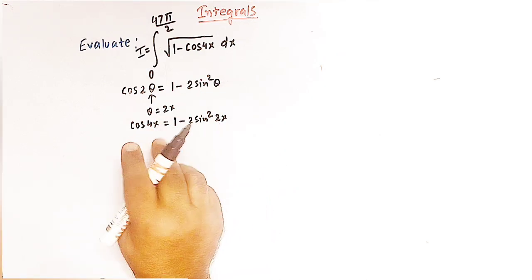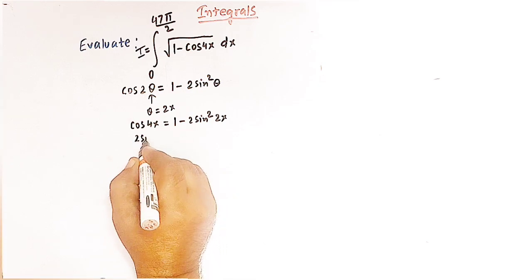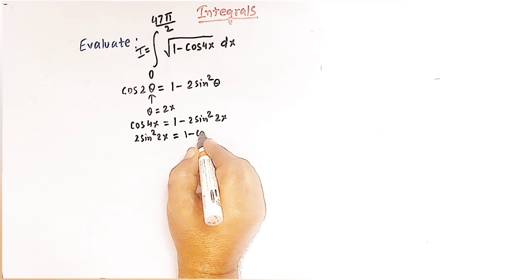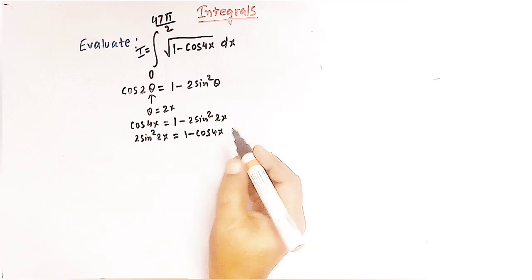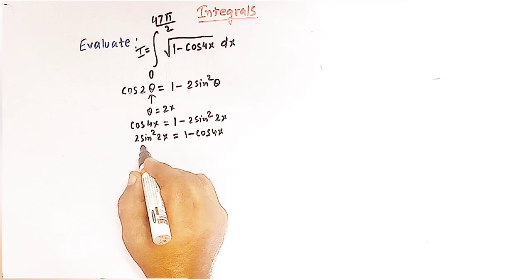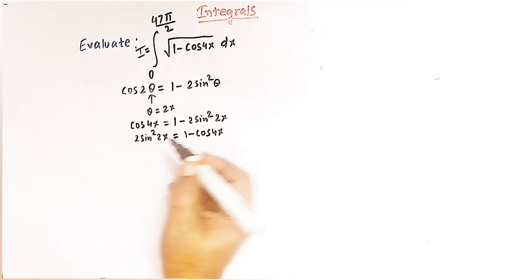So now rearranging the terms, we can write 2 sine square 2x is equal to 1 minus cosine 4x. So we can now replace 1 minus cosine 4x by 2 sine square 2x, right?